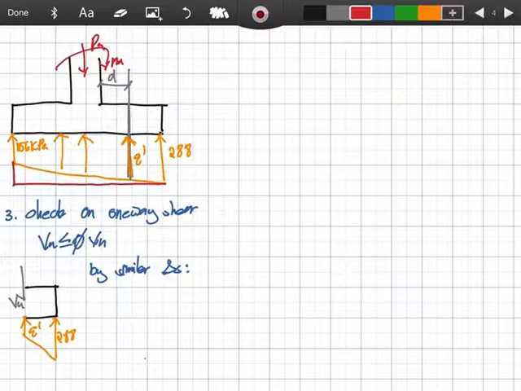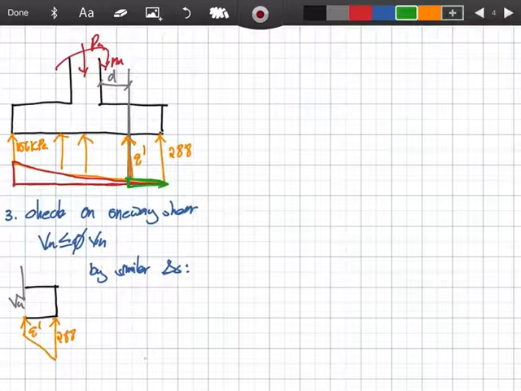Ito ang kanyang height, ito ang kanyang base, ito ang kanyang hypotenuse. Right triangle siya. It is also similar to this triangle, kasi pareho silang pinanggalingang angle. Merong height and merong base. So, big triangle and small triangle.